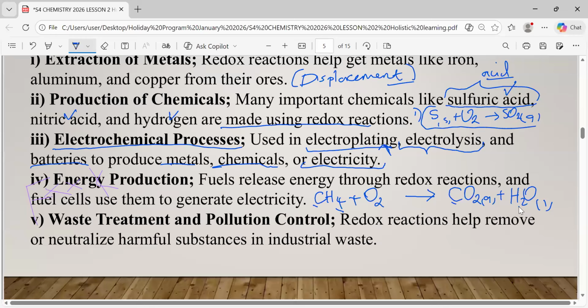What do we do to hydrogen? We add a 2 in front. So hydrogen atoms become 4, even on their side they are 4. Then the oxygen atoms, how many do we have this side? We have 2 here, and also 2 times 1, they become 2, which means we have 4 oxygen atoms.